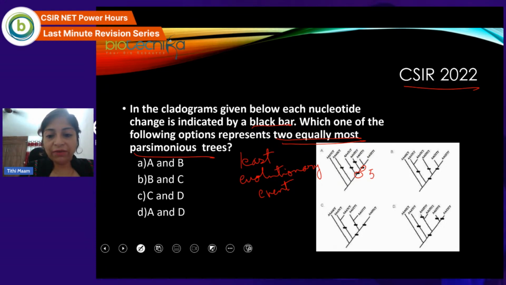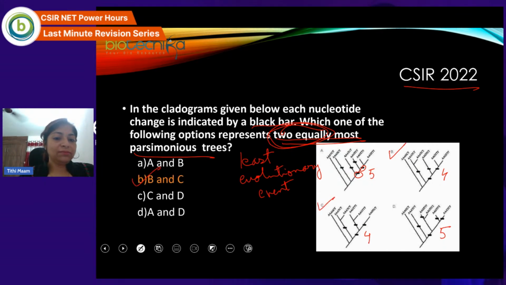So this has 5, this has 4, this also has 4, and this also has 5. So which two are the most parsimonious trees? B and C. I will say this takes even less than 30 seconds if you understand the concept of parsimony. Is it understood, everyone?